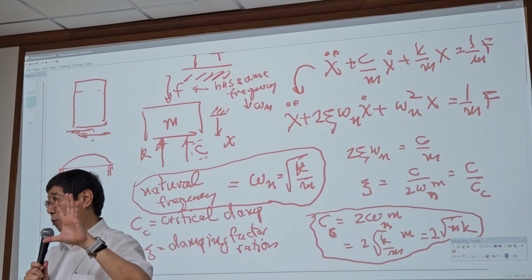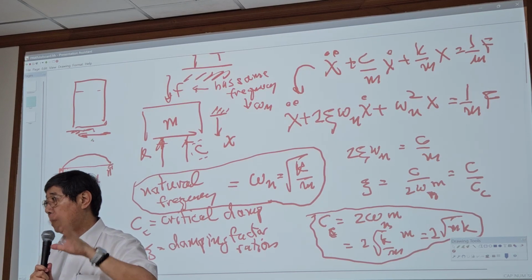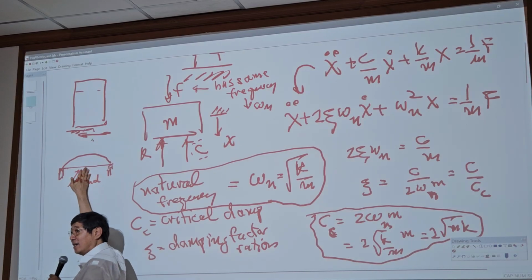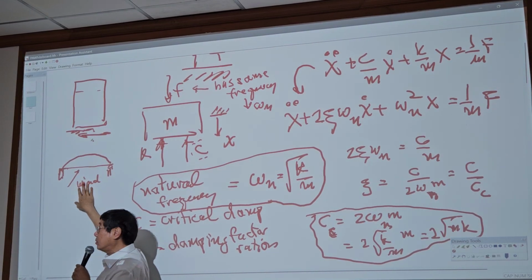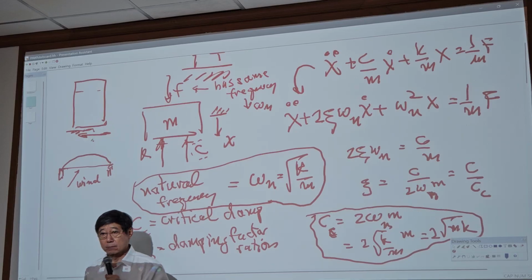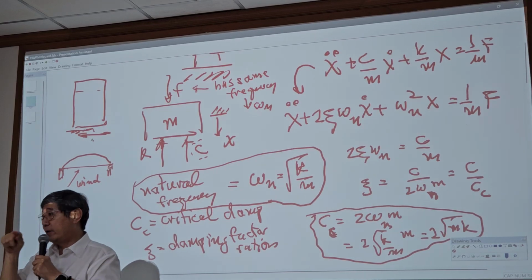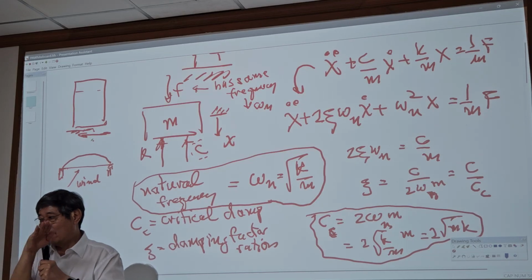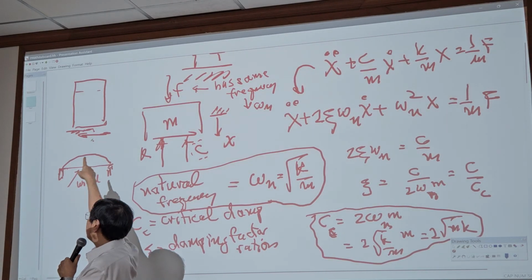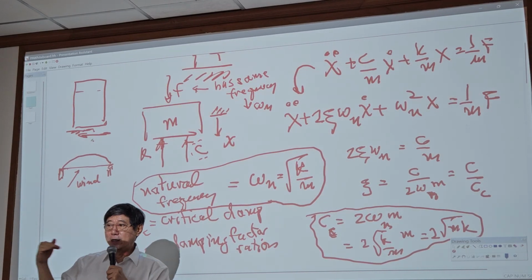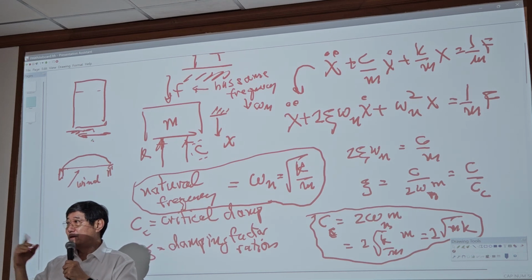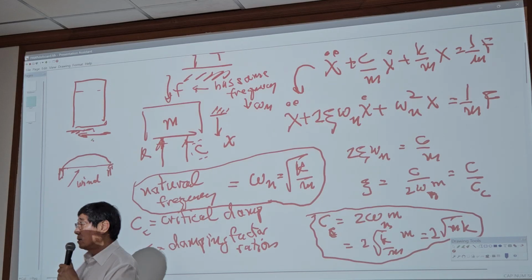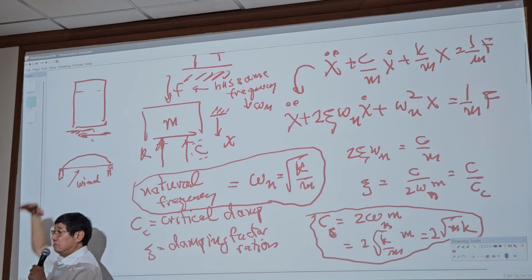We call them mode shapes. If this one is hit at a frequency equal to one of its frequencies, actually the low frequency, the main one, it will fail. Similar to that one as well, if it equals the natural frequency of that one, it goes down.